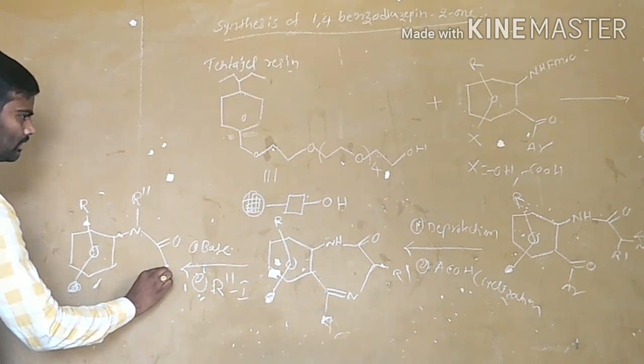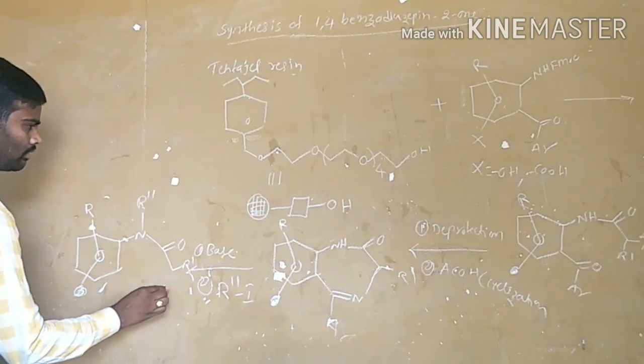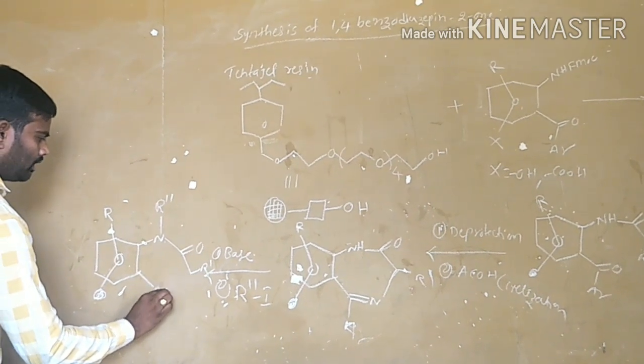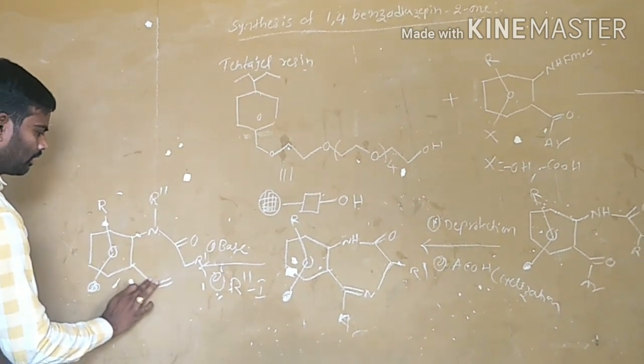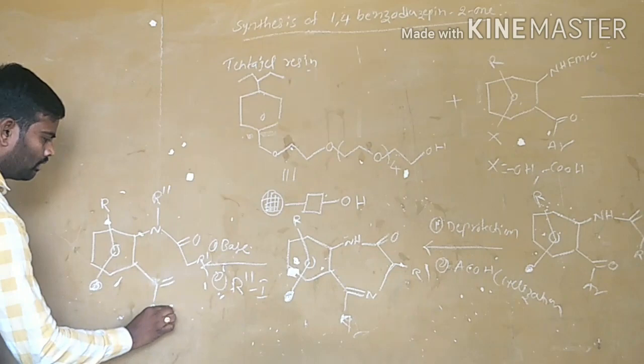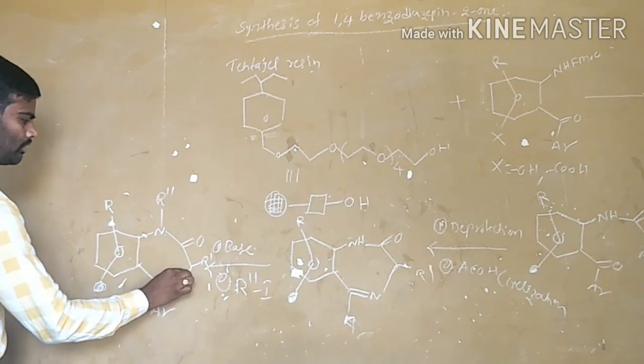CO, this is R1, here Ar double bond N of this.